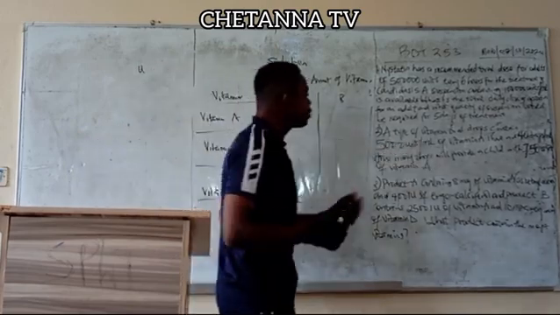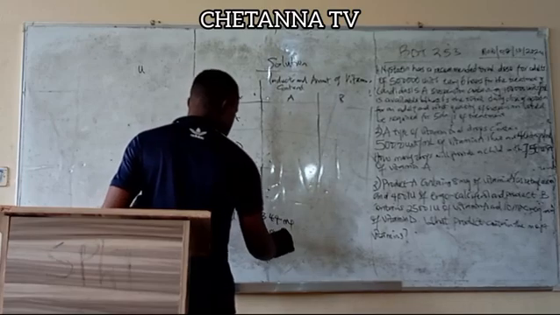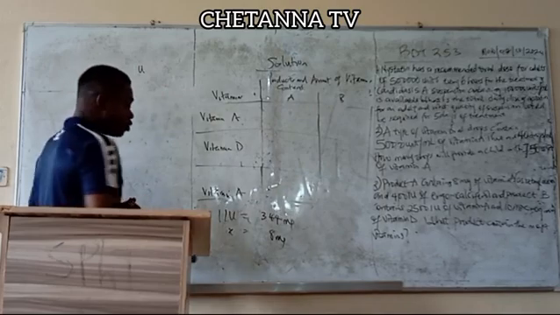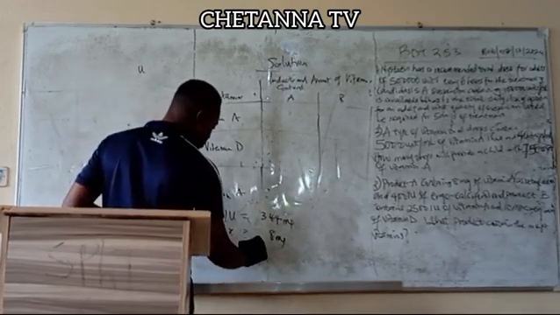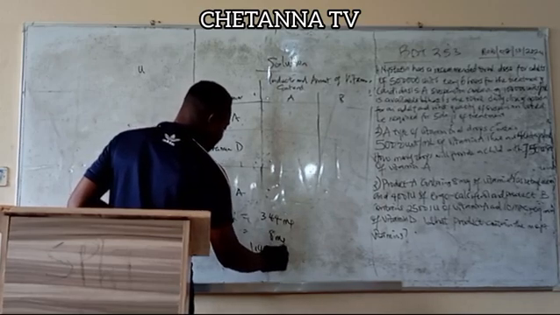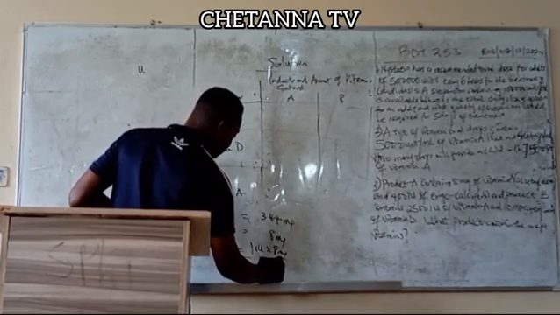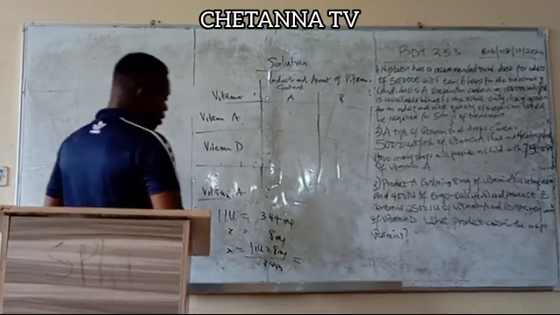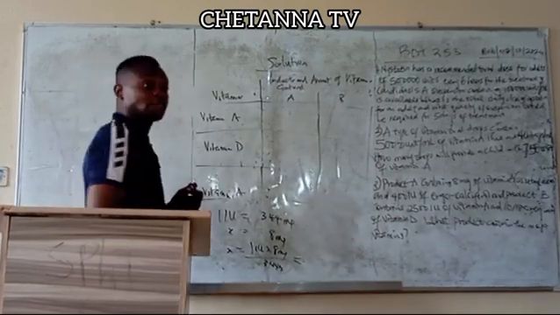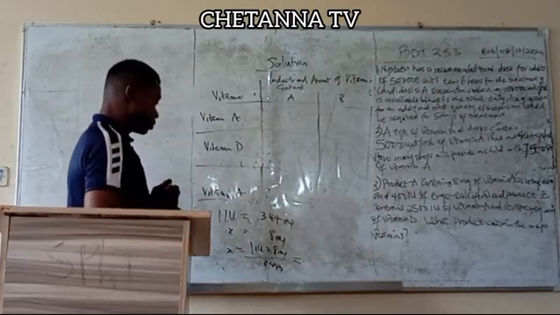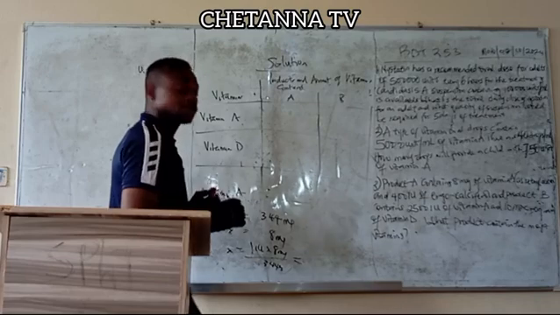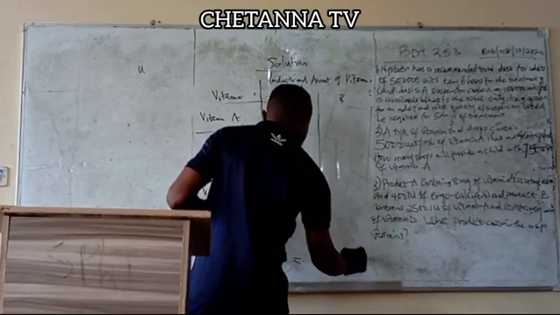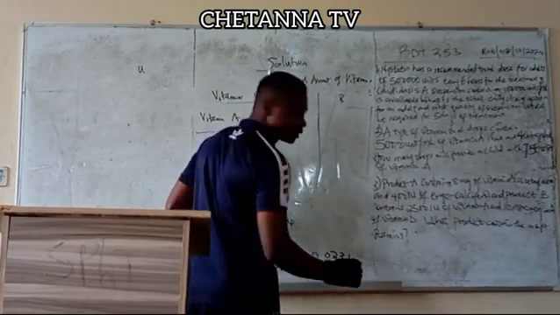So that means 8 milligram will now be how many IU? Let it be S. S is equal to 1 IU times 8 milligram over 344 milligram. What's the answer? 0.023. So 23 IU, right?